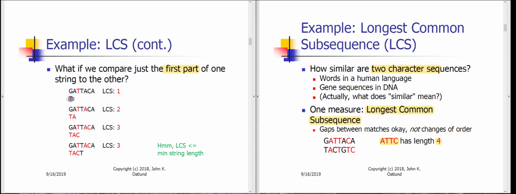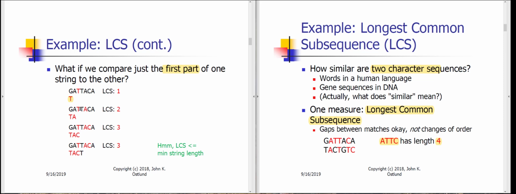Well, the first symbol in the second sequence is T. And as we scan through the symbols in the first sequence, we discover T doesn't match G or A, but it does match T. So we have found a longest common subsequence to that point of 1. And in fact, since there is only one symbol in our second sequence in this case, we can't do better than 1. All right, so let's see how we go with the first 2 symbols from the second sequence.